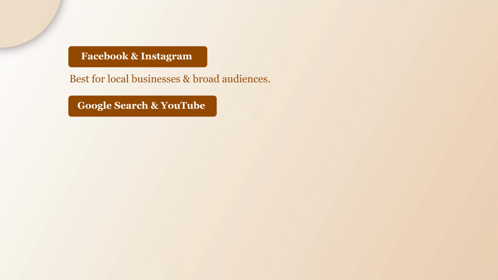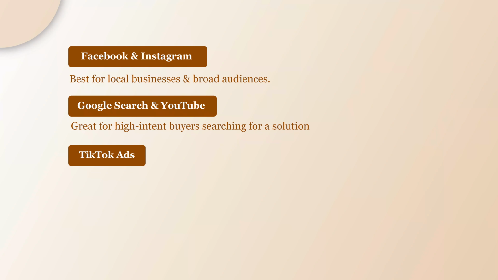Google search and YouTube. So Google and YouTube are great for high intent buyers searching for a solution, right? Because usually buyers are looking at how to fix a problem or a question that they have. That's the audience that you'll find on Google and YouTube. TikTok ads, they're also super powerful for e-commerce and impulse buyers.